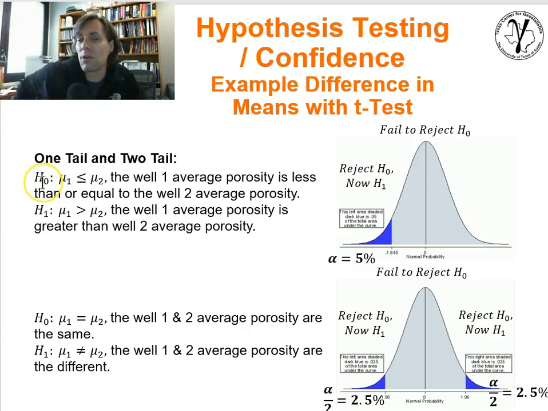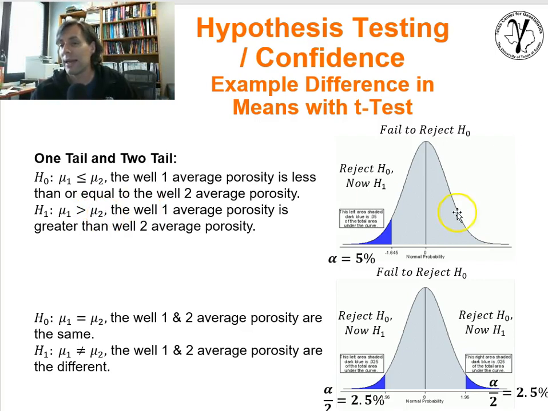You could also set up your null hypothesis to be that mu1, the population mean of 1, is less than or equal to mu2. And if you do that, what's very interesting is you're only concerned with one of the tails. Your alternative hypothesis is mu1 is greater than mu2.